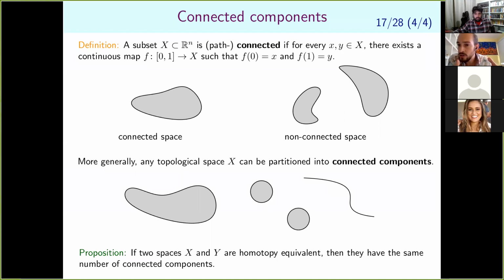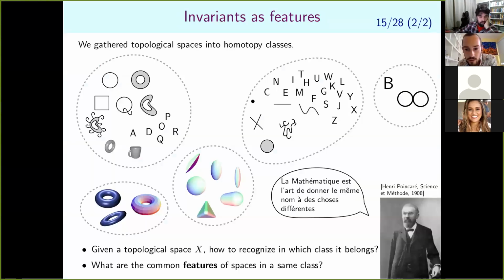It is a feature shared by all the spaces in the same class. And we can go back here. As you can see, if I take any class here, for instance, the class of circles, I have only spaces with 1 connected component. Actually, the 5 classes I put here all have only 1 connected component.